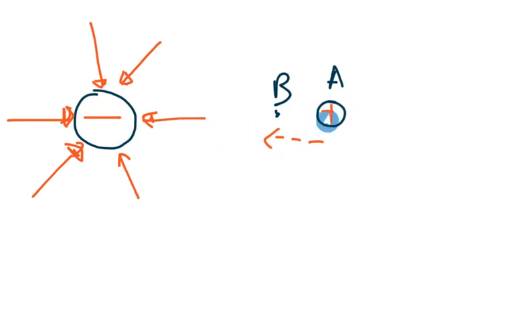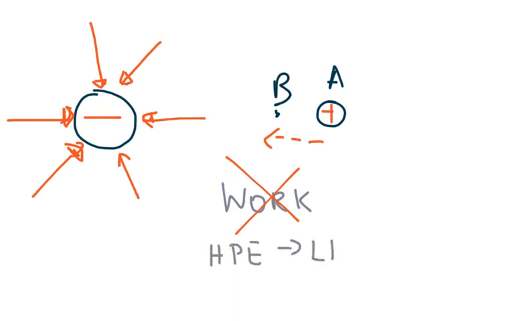If this goes on its own, due to nature, we do not need work, right? We do not need work. So if we do not need work, we're going from high potential energy to lower potential energy in this case.